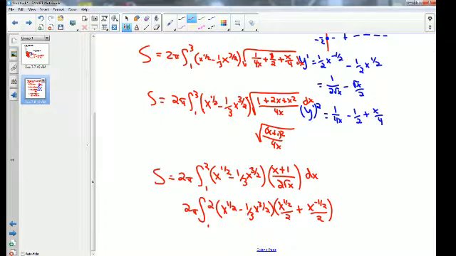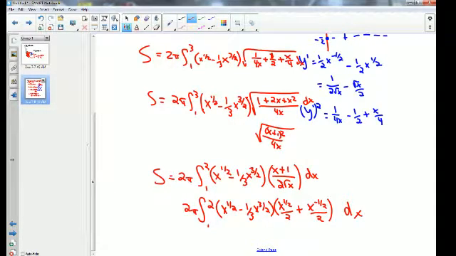Okay, you FOIL those together. And you get a very doable integral, right? You good with how I got all this stuff? A lot of heavy algebra.